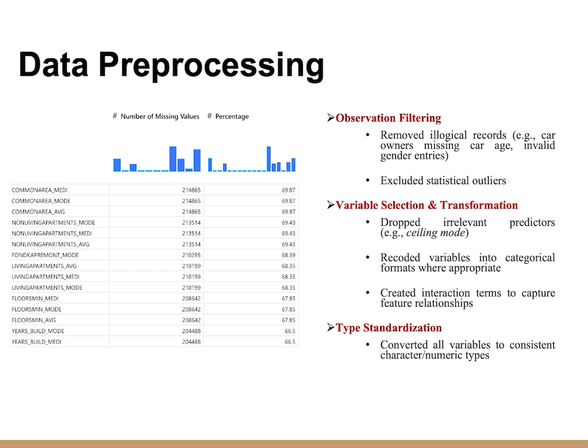For variables, I filtered out those irrelevant to prediction, recoded certain features into category values, and created interaction terms for enhanced modeling. Finally, all the variables are standardized into either character or numeric formats to ensure consistency.